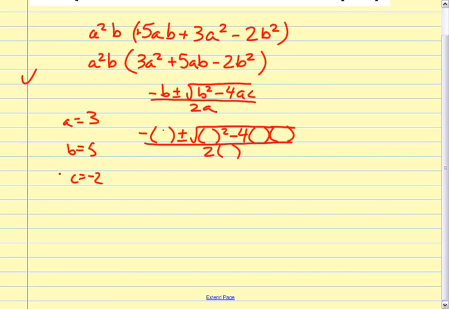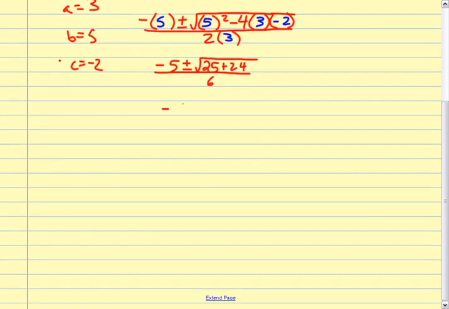Okay? B is 5. A is 3. C is negative 2. Okay, now let's simplify. I'm going to get negative 5 plus or minus the square root of 25 plus 24, all over 6. Okay.